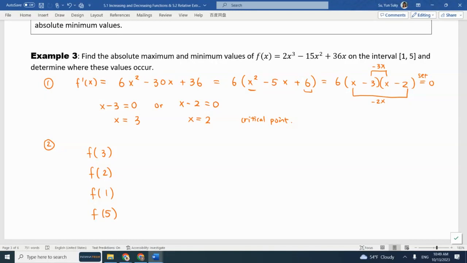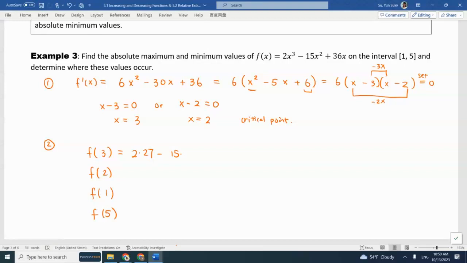Okay, what is f of 3? Alright, so you need to plug in. So f of 3 is 2 times 3 cubed. Blaine, what's 3 cubed? 27. Minus 15 times 3 squared.